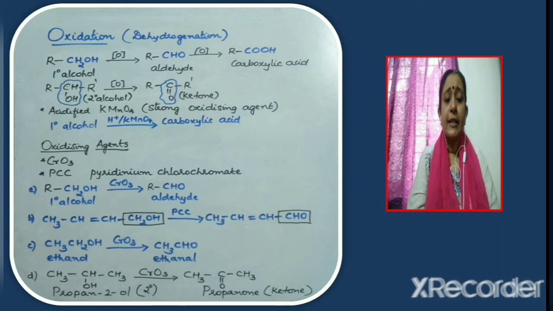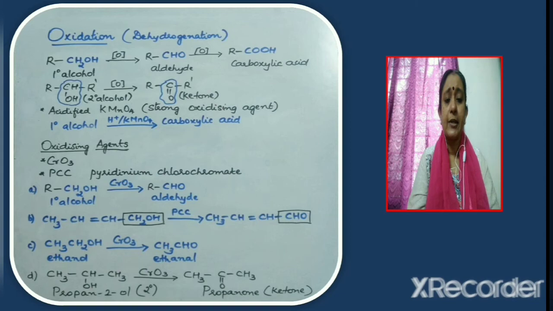Now, if the alcohol taken is ethanol, which is a primary alcohol, ethanol when treated with chromium trioxide gives ethanal, the aldehyde. The aldehyde produced is CH3CHO. Note that the CH2OH group changes to CHO, and that is how ethanol changes to ethanal. Now consider the alcohol as propan-2-ol, CH3CHOHCH3.